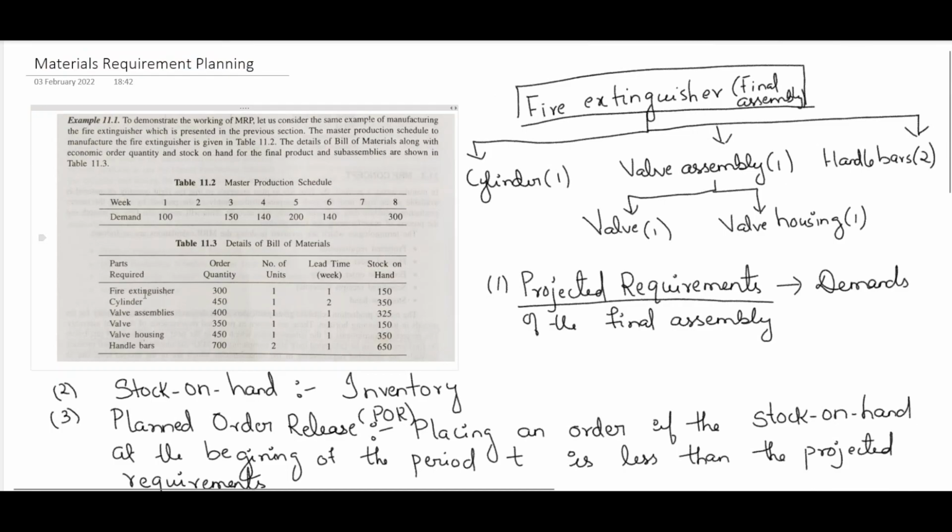We can see from the table that the stock on hand, our inventory level for the fire extinguisher, is 150 and the lead time is 1 week.